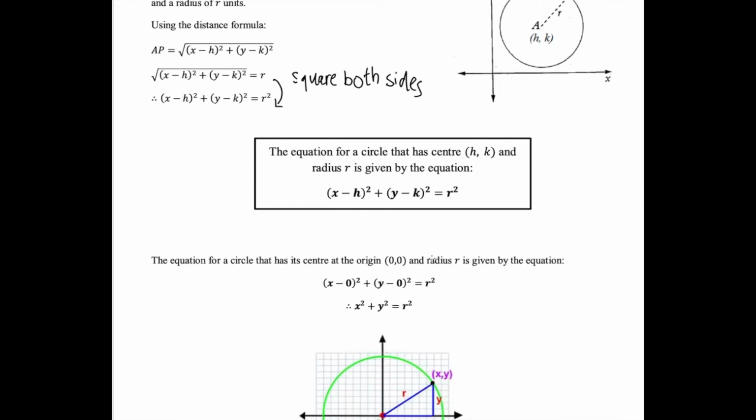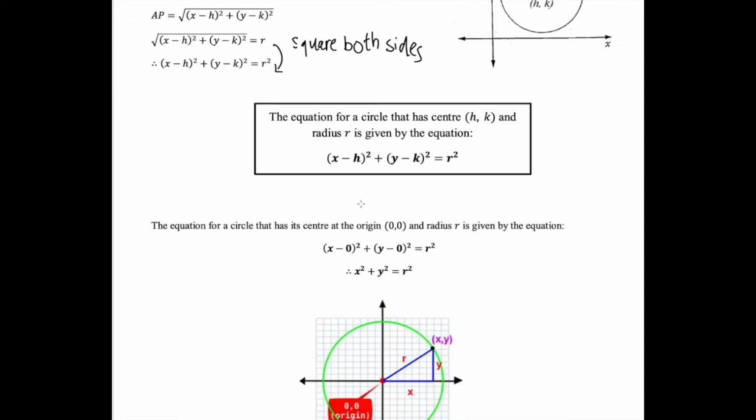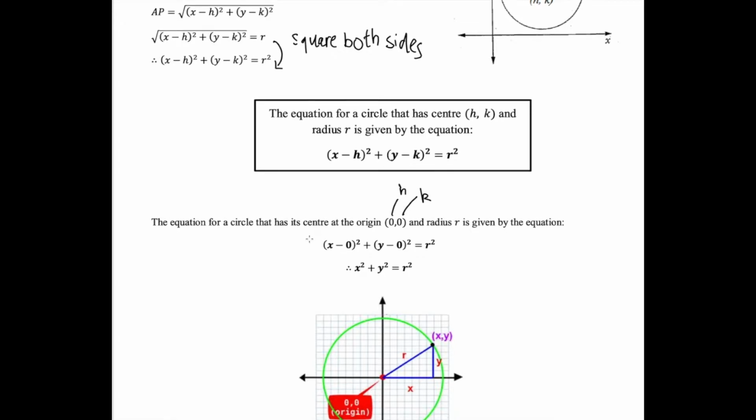So let's take an example of a circle that has a center at the origin. In other words, this is the H value and this is the K value, okay? So we can just write this as X minus 0 squared because H is 0 in this case. H is the X coordinate of the point and K is the Y coordinate of the point.